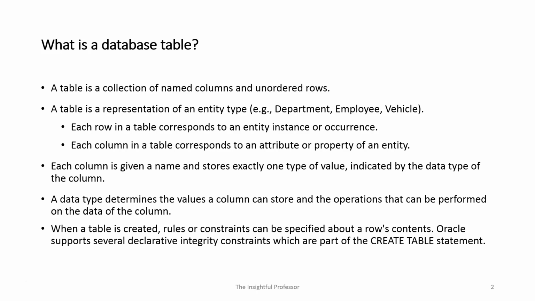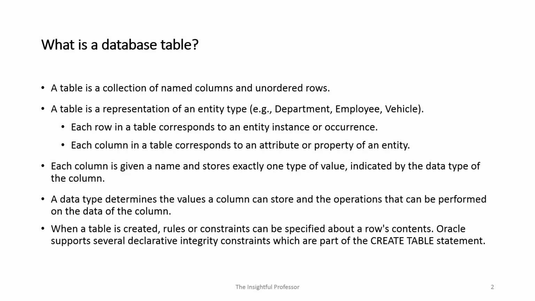For example, if we have a numeric column, it may make sense to do arithmetic with the values. But if we have a character column, doing arithmetic doesn't make any sense. So when a table is created, there are rules or constraints that might exist within the real world, constraining the behavior of that entity type. And we want to be able to reflect that kind of behavior within our database.